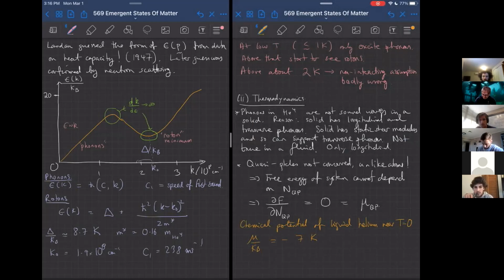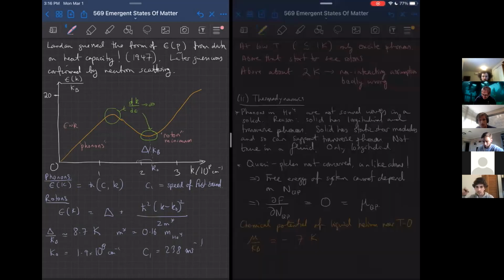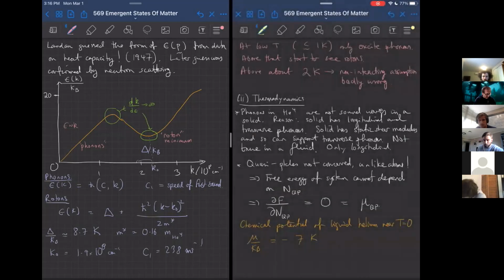Okay, so the difference between these things is that the quasi-particles are not the same thing as atoms.